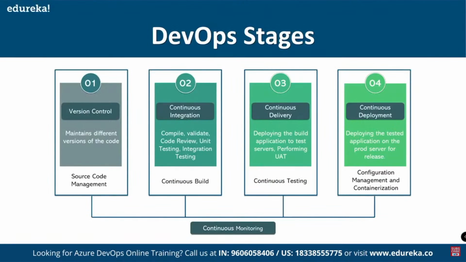The DevOps process altogether has different stages: version control, continuous integration, continuous delivery, and continuous deployment. So what is version control? Version control is primarily handled whenever, in a particular team, there are multiple developers working, and they make sure that code is deployed into a particular repository.